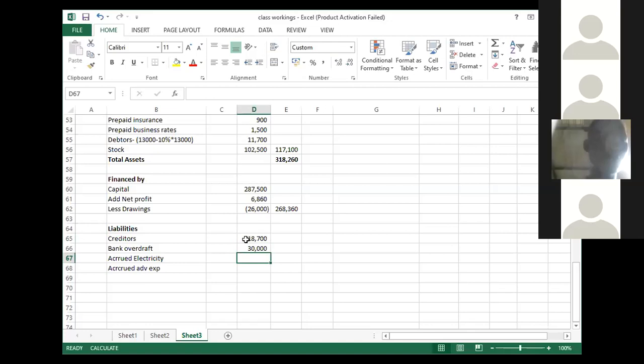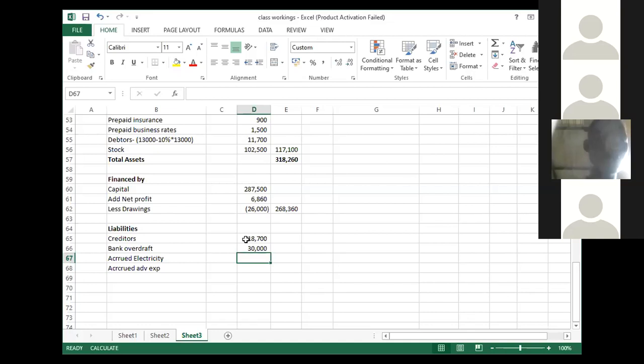And then you remember what we said about the accrued. If you go back to where we started today, we dealt with both prepaid and accrued. And we said that accrued must also feature in the balance sheet as liabilities.